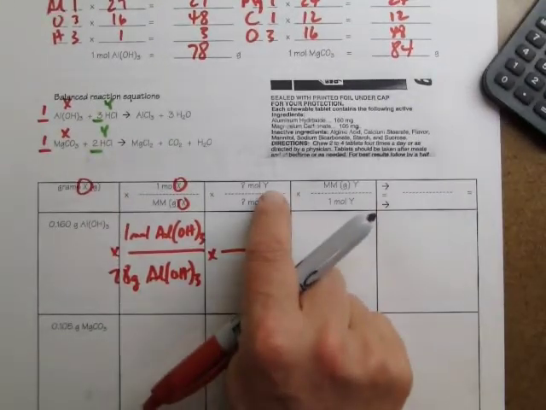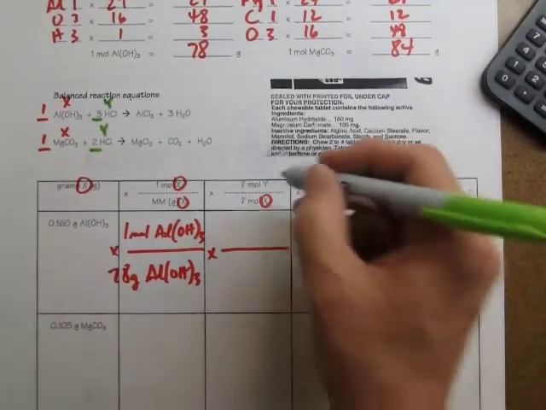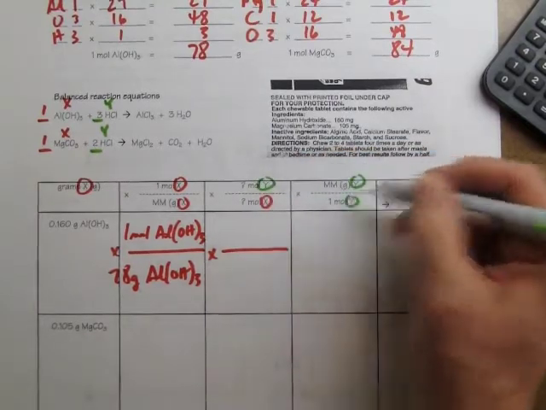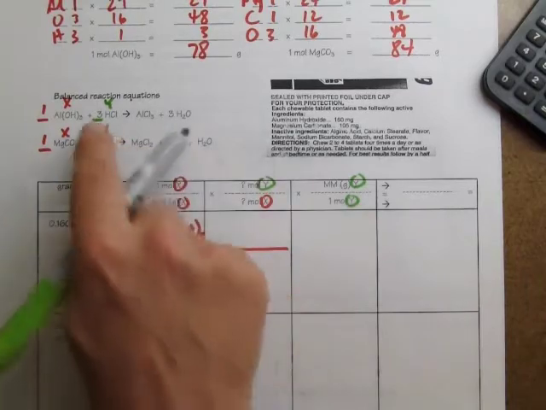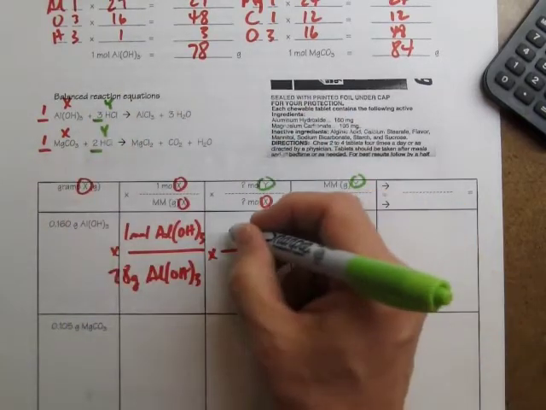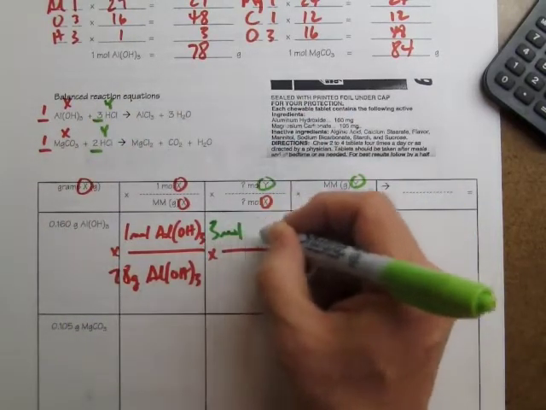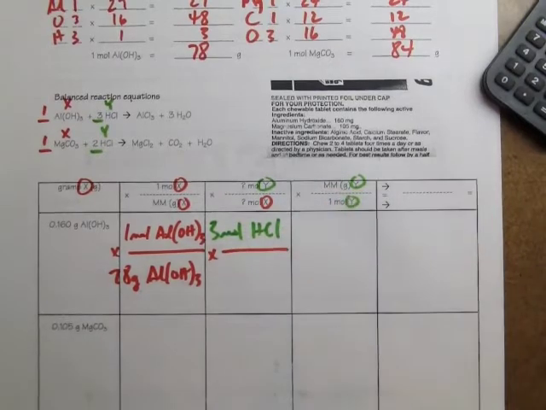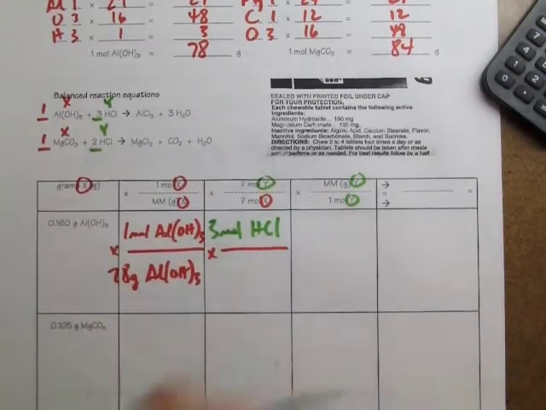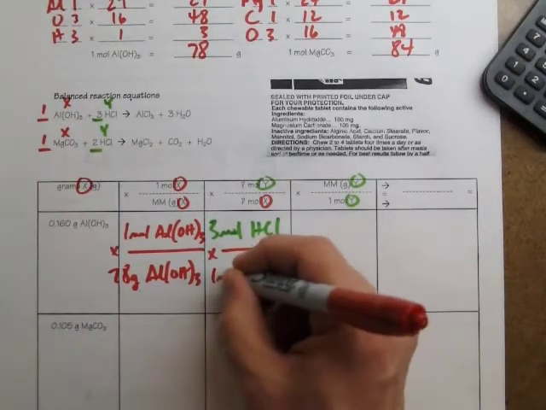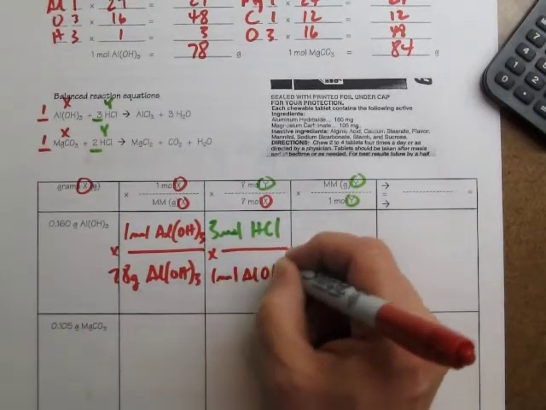times, now our Y substance. Why we're doing the problem is to find out hydrochloric acid. So everywhere you see Y, I'll write hydrochloric acid. And we have 3 moles of hydrochloric acid for this calculation. On the bottom, 1 mole of aluminum hydroxide.